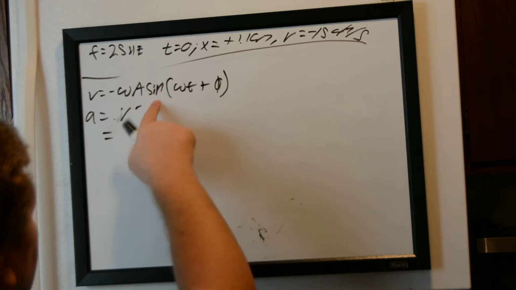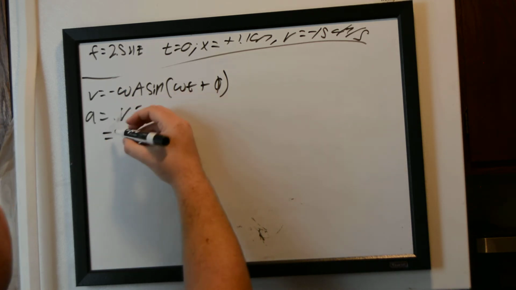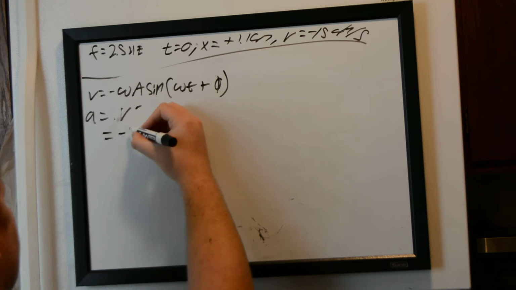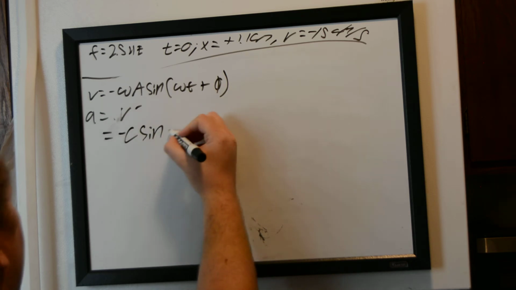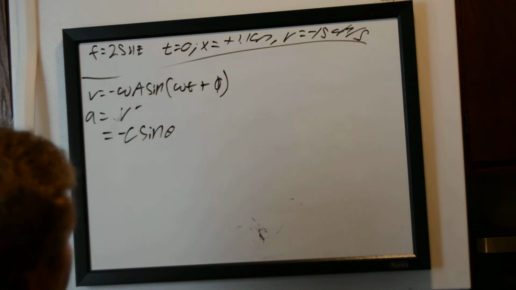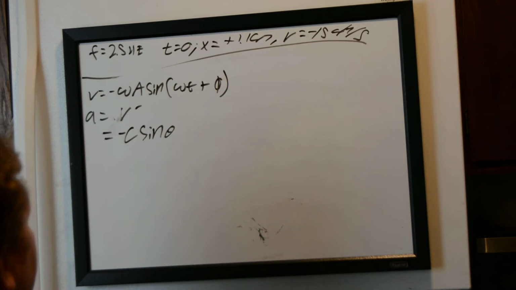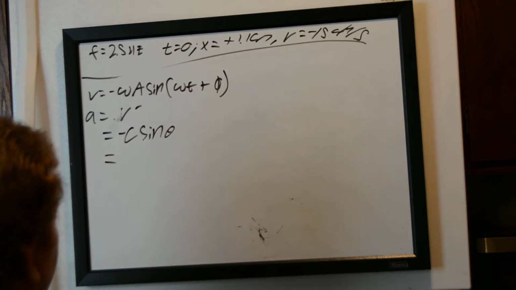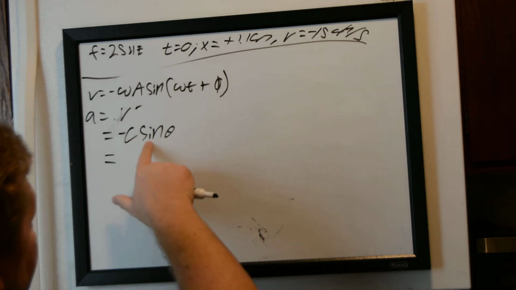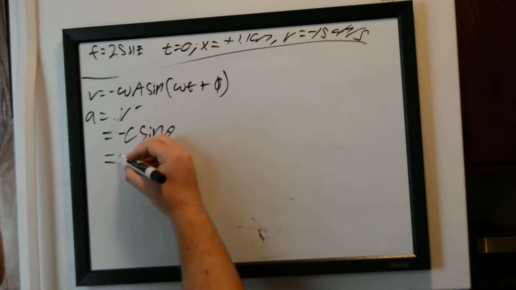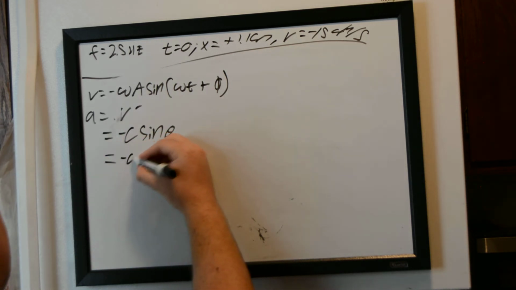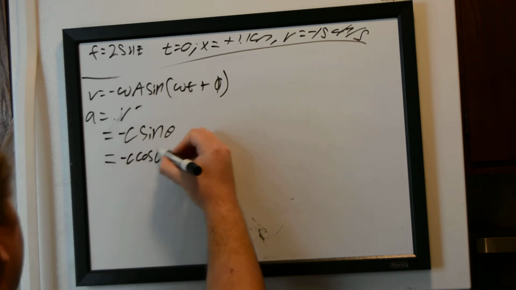So we can just look at our outside function here as a negative constant, because again, these are known, times the sine of theta. And then we'll do the chain rule part here in a second. So from that, we have the derivative of sine is cosine, but we have a negative out here again. So that's going to be negative constant times our cosine of theta.